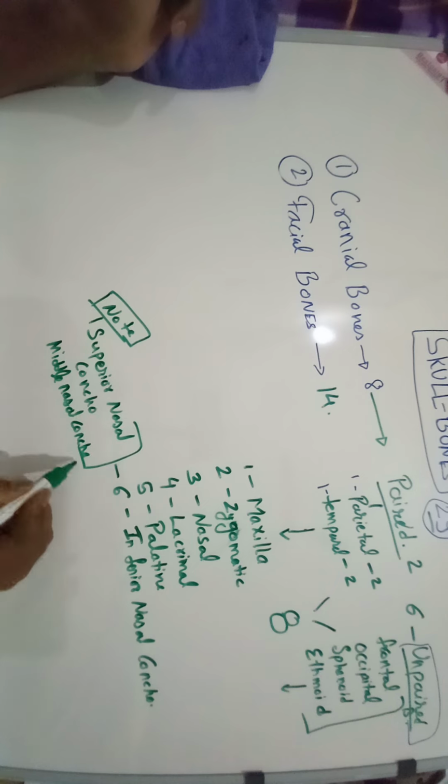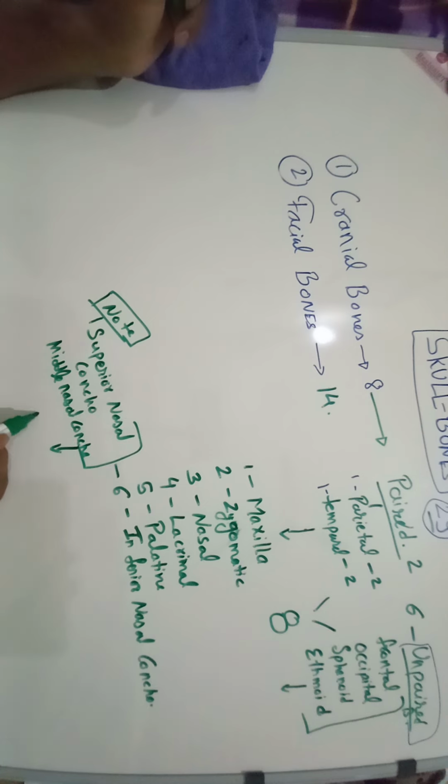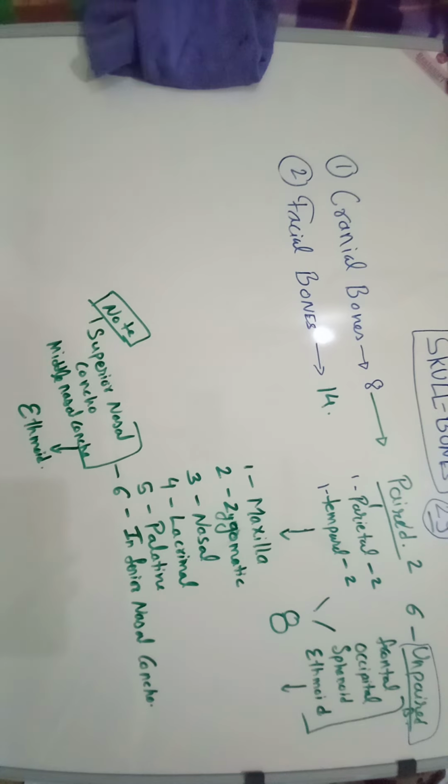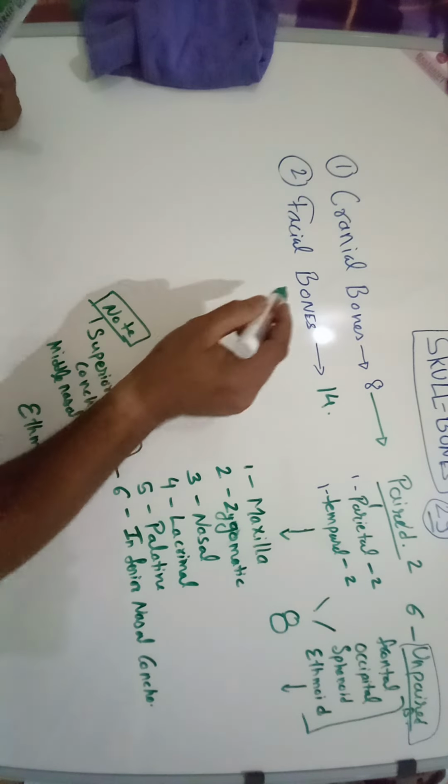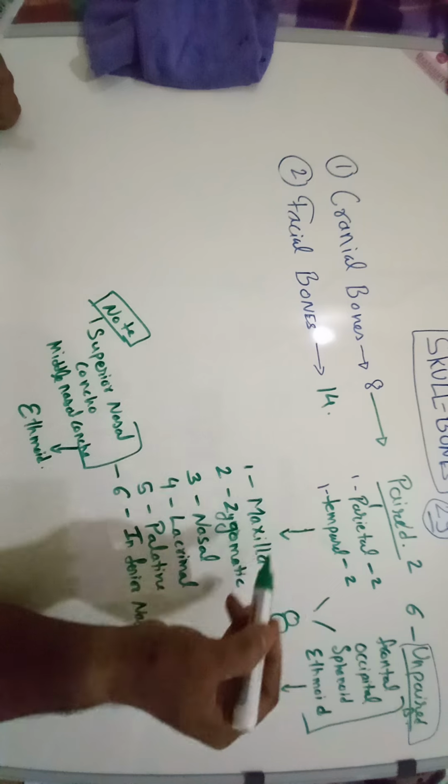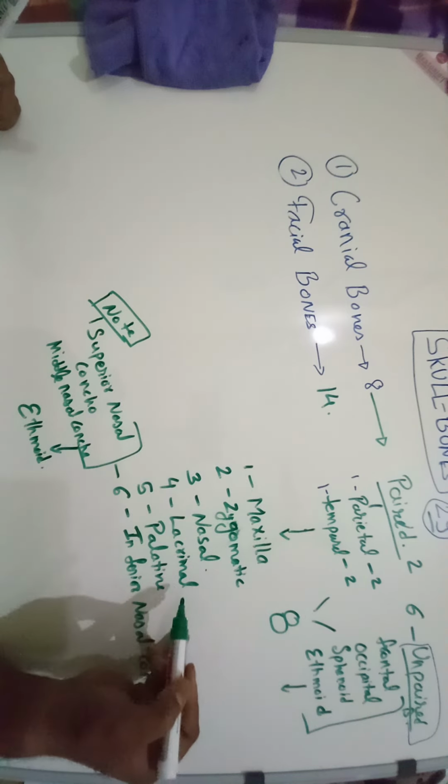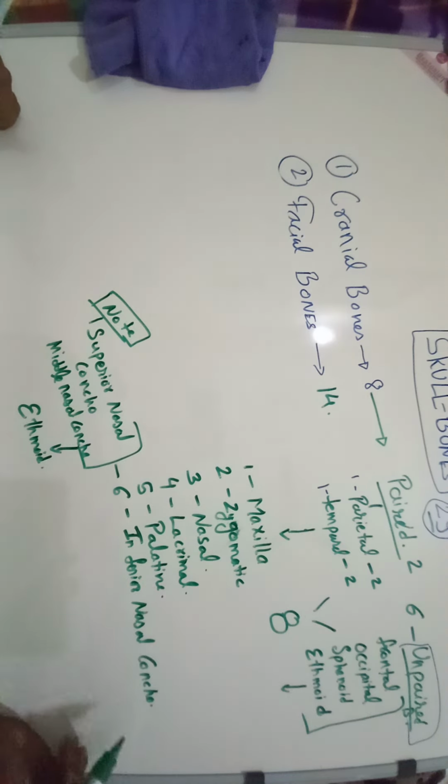Make a note: they both are part of the ethmoid. We are not counting them, they are separate. So how many are they? Facial bones: maxilla, zygomatic, nasal, lacrimal, palatine and inferior nasal concha.